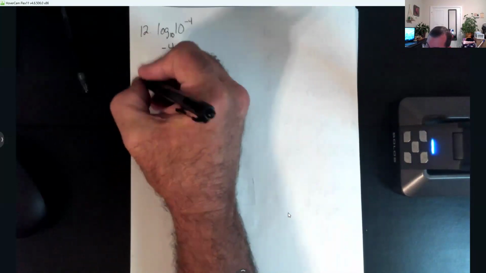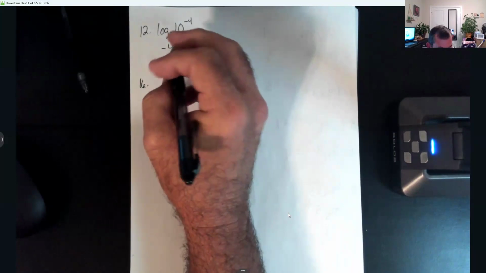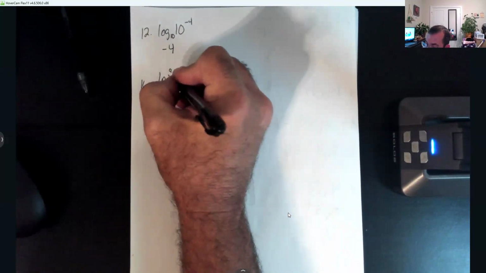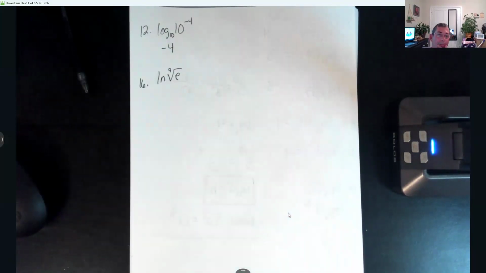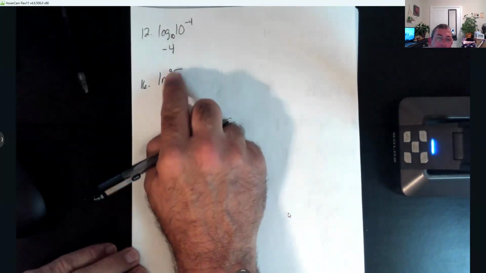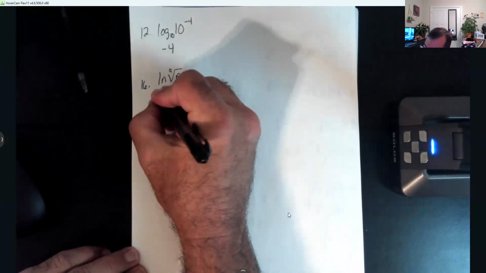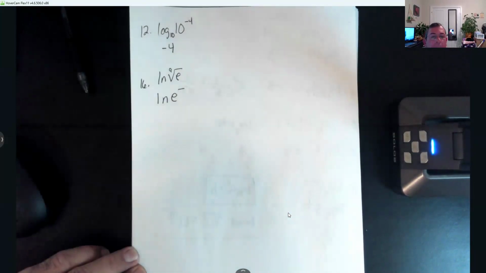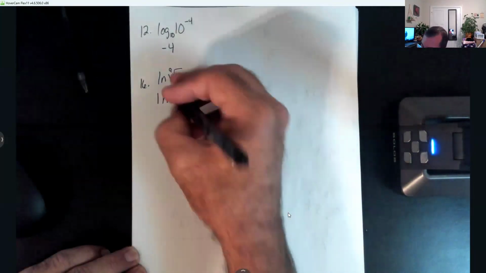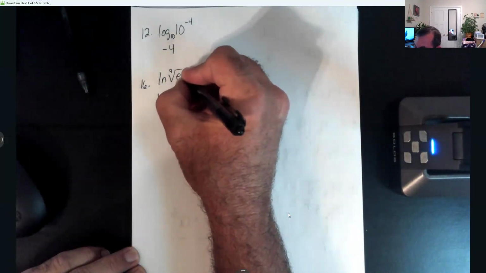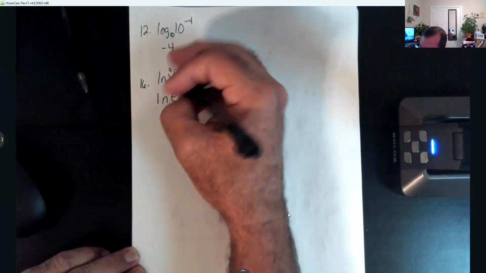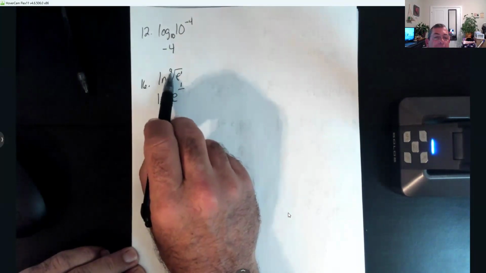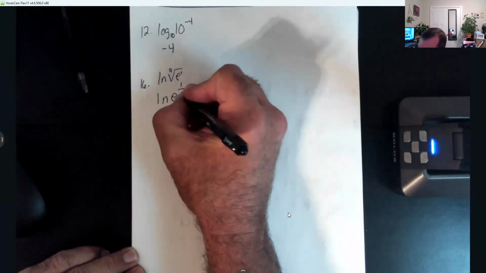Let me go down here to 16. ln 9th root of e. Well, I'm going to change it out of this radical. So that'll be ln e, and I'm going to have a fractional exponent. So remember, the e don't have an exponent by it, so I would treat it like a 1 again. So the 1 goes on top, and then the index of the radical is a 9.